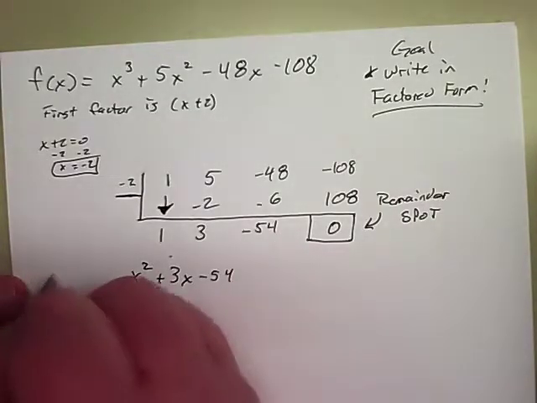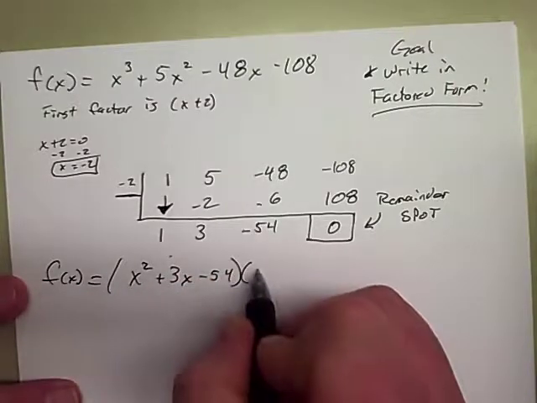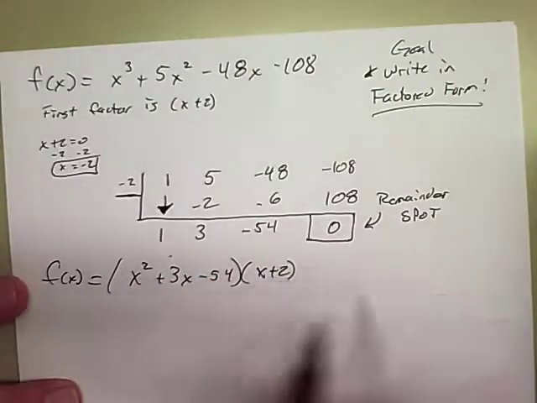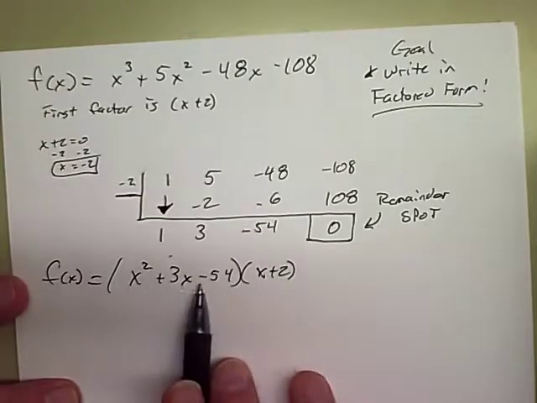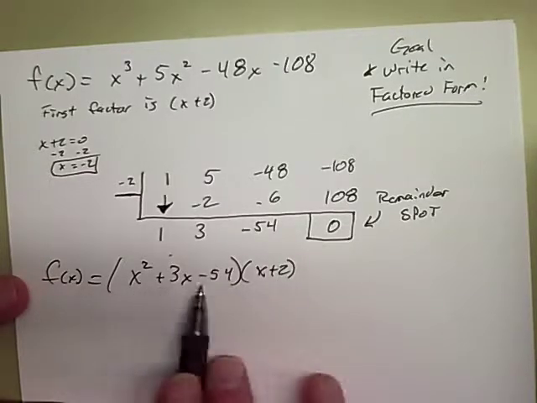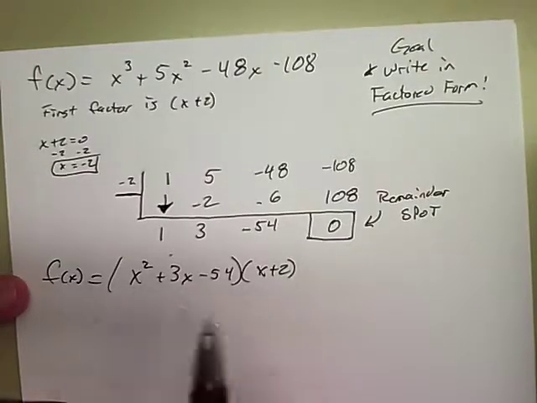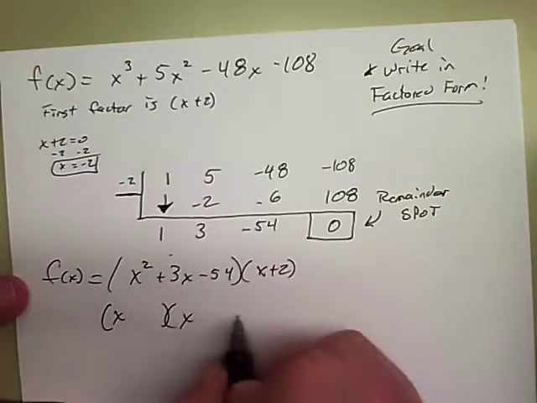So I'm getting a little bit closer. I'm not quite in factored form yet, but I am closer, right? Now I have x squared plus 3x minus 54 times x plus 2. Now I want to factor this trinomial, and we've done a lot of these at this point. So here, I'm going to factor this. I get an x and an x.